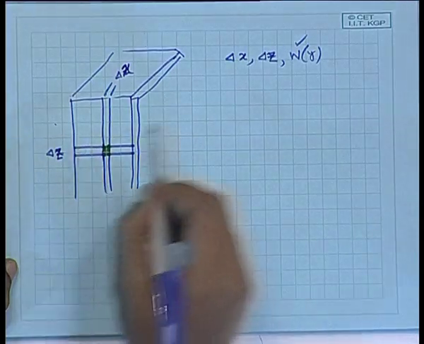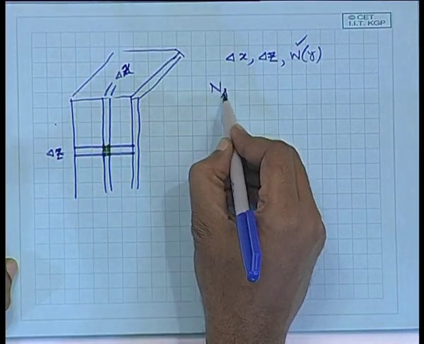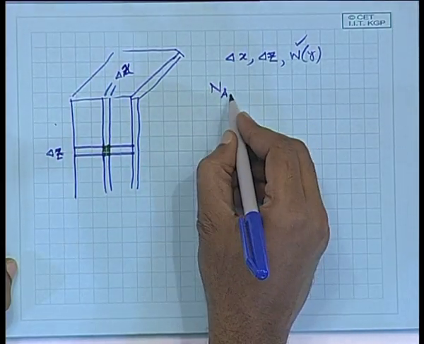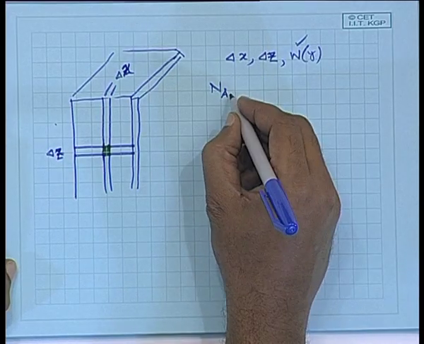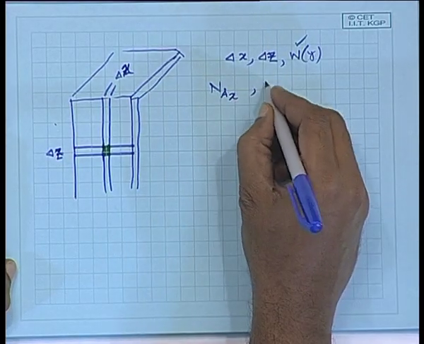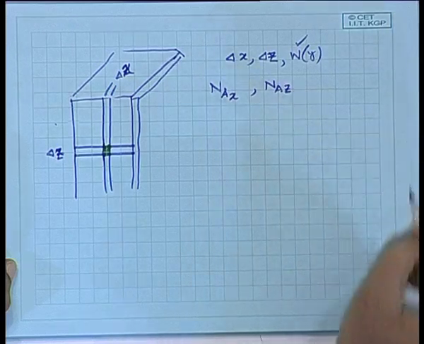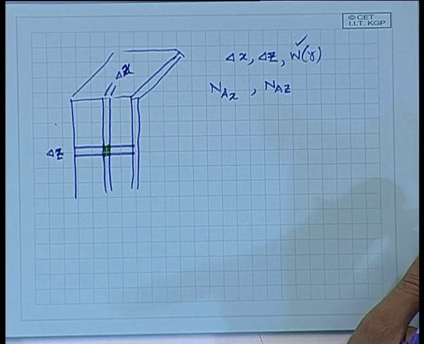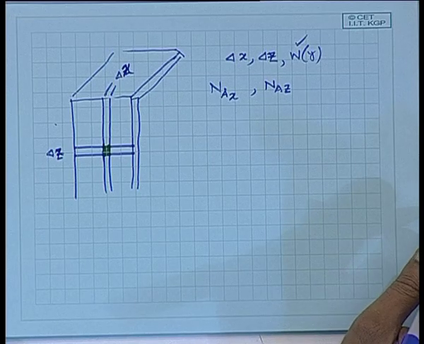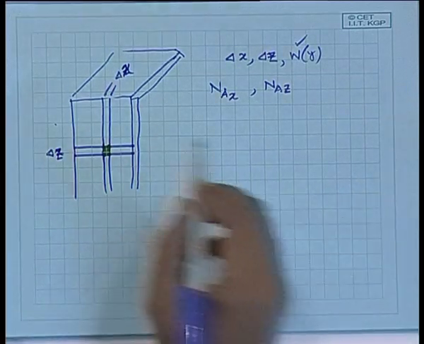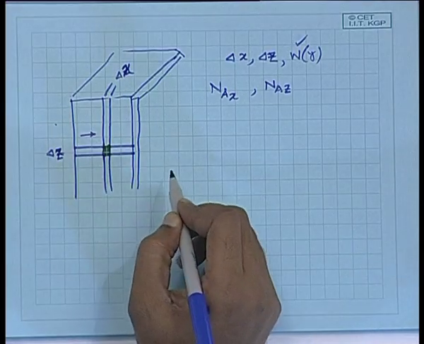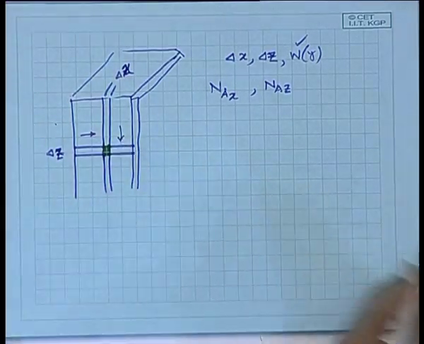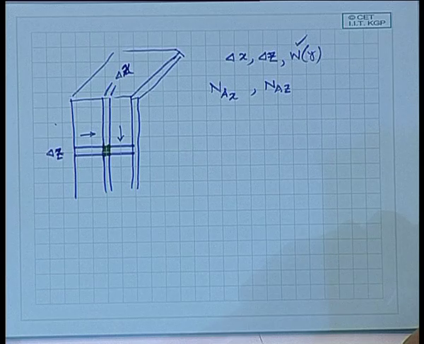And we define the mass flux, the components of mass flux, the non-zero components of mass flux are N_Ax and N_Az. So, N_Ax and N_Az are the components of mass flux. So, N_Ax means it is going in this direction, N_Az means it is going in this direction for the system we are dealing with.